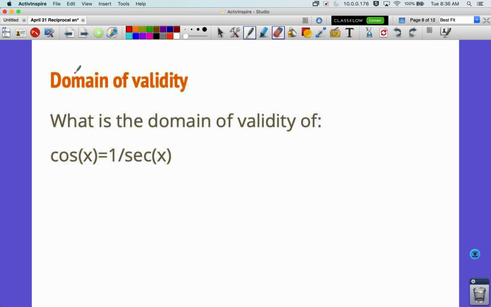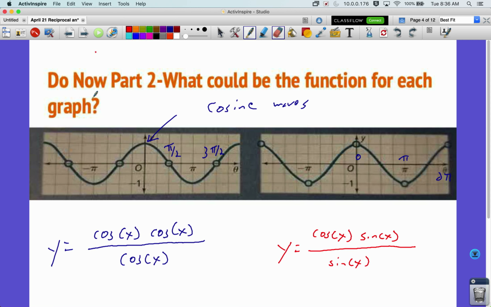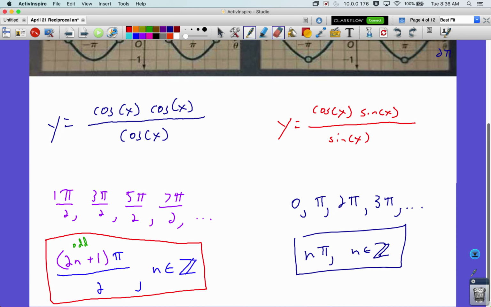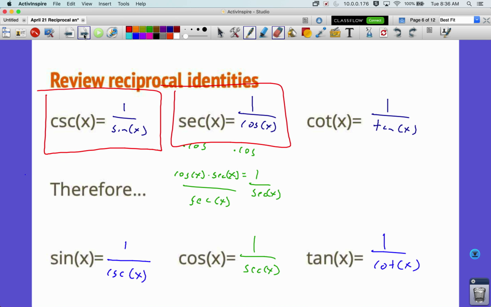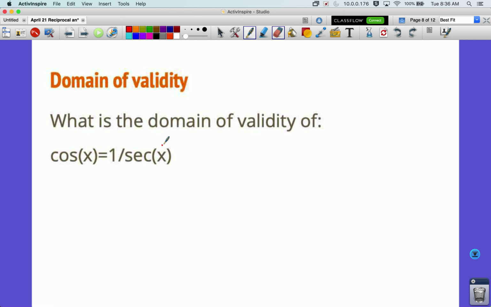All right, let's talk about this idea of domain of validity. This is why we did these fancy pictures here, because these lists help us establish our domains of validity. So what is the domain of validity of cosine of x equals 1 over secant of x?